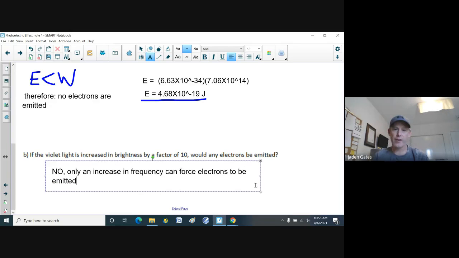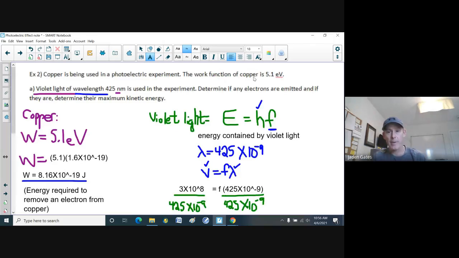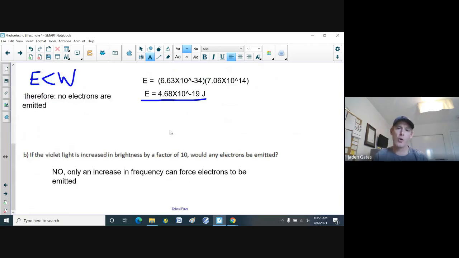So like I said, violet light isn't going to do it for copper. Maybe it'd work on some other metal with a lower work function, but in terms of copper, it's not going to work. So brightness only increases the amount of photons, but it does not increase how much energy each photon has. And so to do that, you have to increase the frequency.